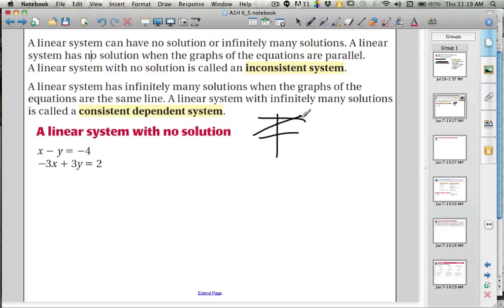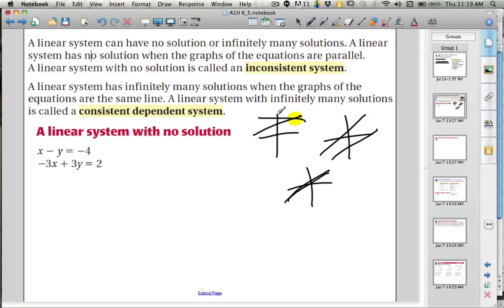Two lines can have a single solution. We can have parallel lines, which have no solution because they don't intersect. And then we have lines that are actually equivalent equations, the same line, which have an infinite number of solutions. Those are the three different types of systems that we work with.